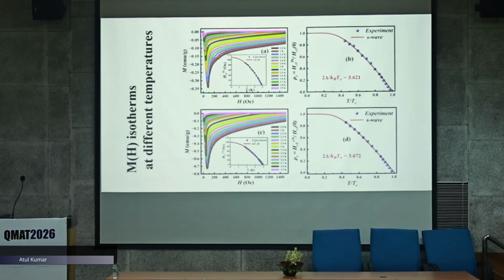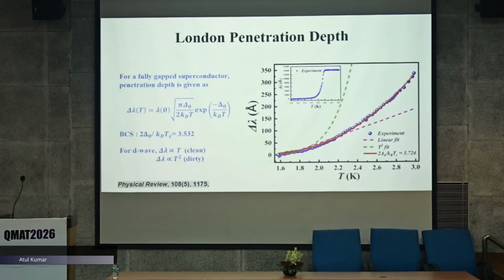Then, to get more insight into the superconducting regime, we performed London penetration depth measurements using a tunnel diode oscillator. This is the full range London penetration depth varying with temperature.